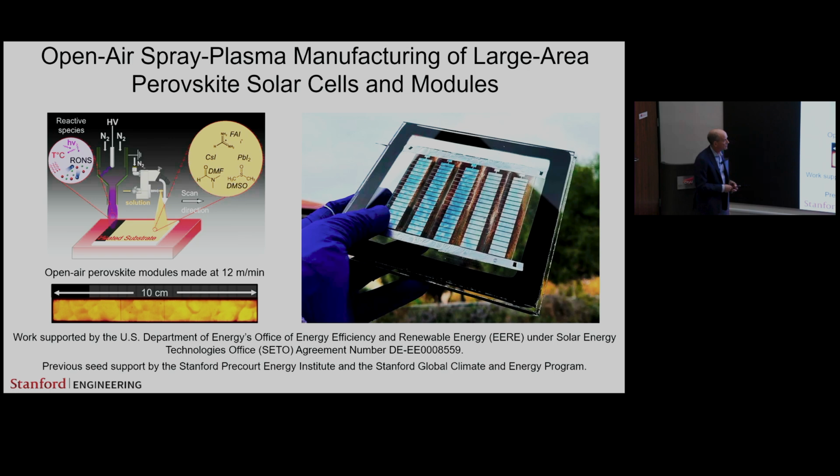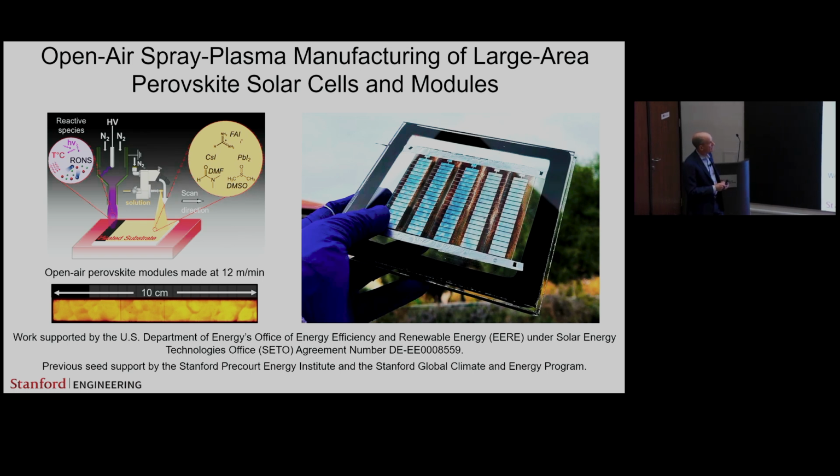So what I want to talk to you about today is our work on open air spray plasma manufacturing of perovskite cells and modules. The focus of our effort has been on scalable manufacturing, nominally in open air.